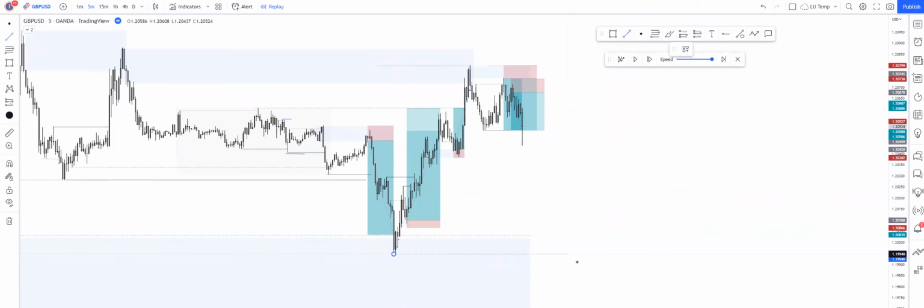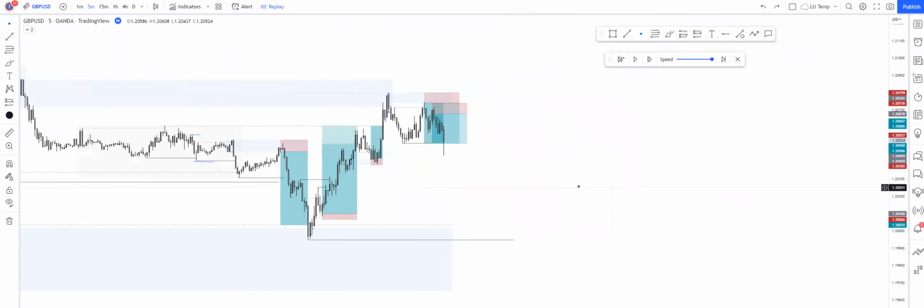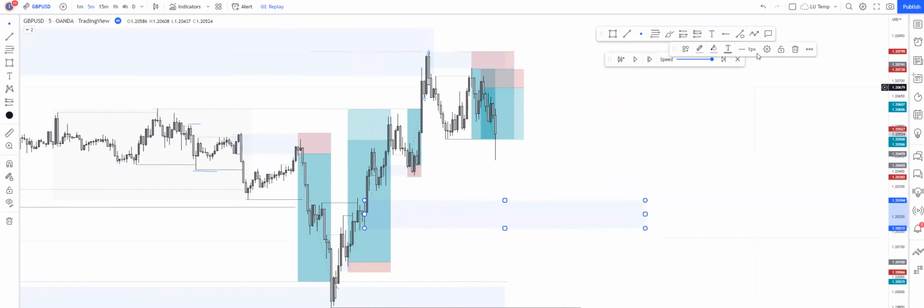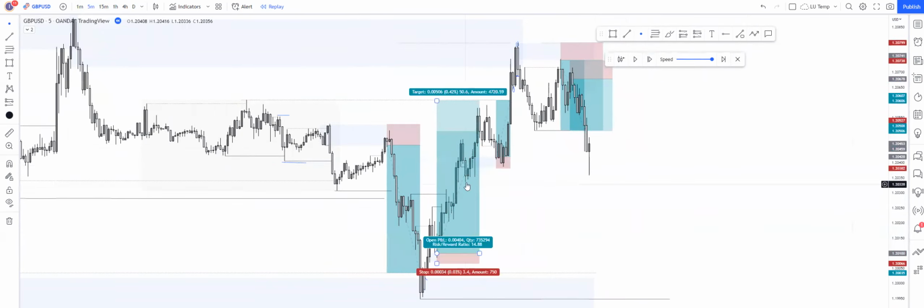The target is this one, from here to here. You can expect a rush from here. Yeah, there we go.